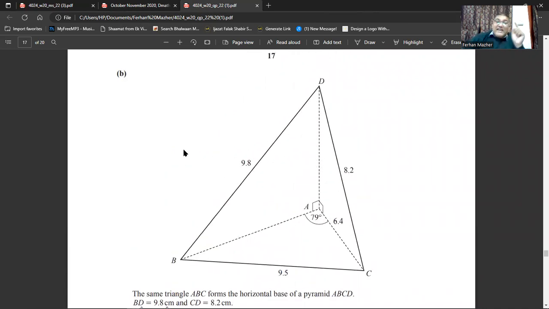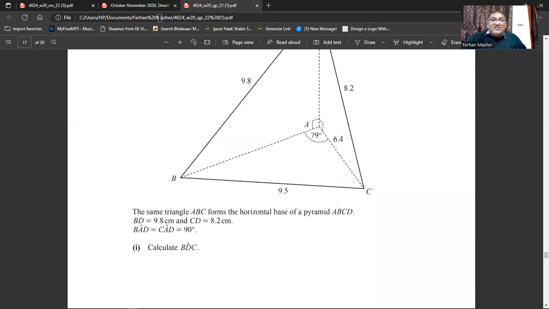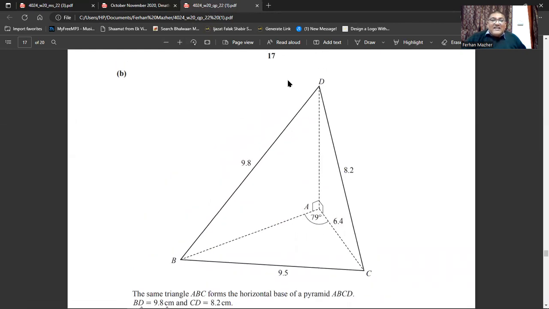If you look at the BDC triangle, which is a little inclined triangle, the three sides are given. If the three sides are given, I can easily find any angle of this triangle by using the law of cosine. So if you want to find out this angle, I know these sides, which are the arms of that angle, and I know the opposite side.